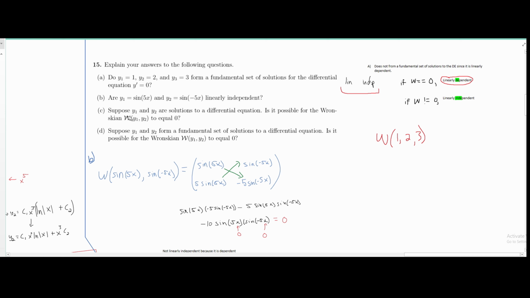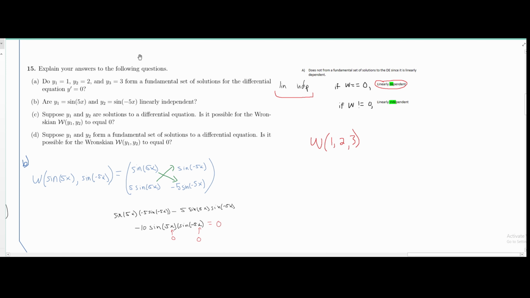For C, we're asked to suppose y1 and y2 are solutions to a differential equation. Is it possible for the Wronskian W(y1, y2) to equal 0? Yes, it is possible, because it is one of the key parts of the Wronskian. It either equals 0 or it does not equal 0.